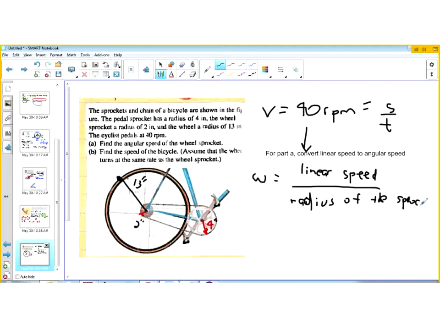Okay, so that's the formula we'll use for this.